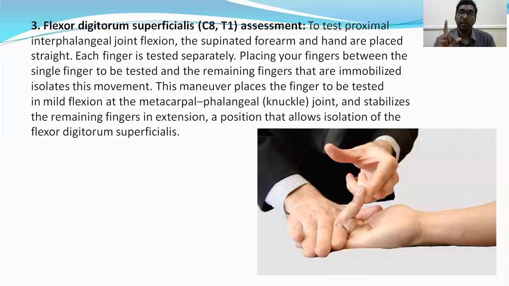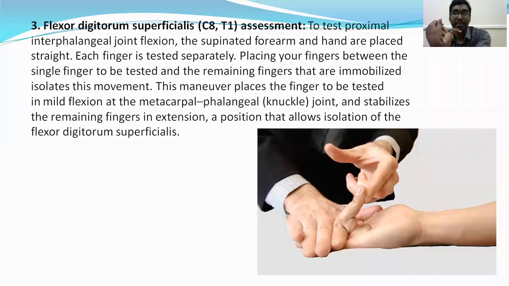For example, ask the patient to flex the finger. So I am flexing the finger with the help of FDP and FDS. How do you examine isolated FDS? You have to hold the other 3 fingers extended so that the FDP is stretched. Now ask me to flex the finger here.